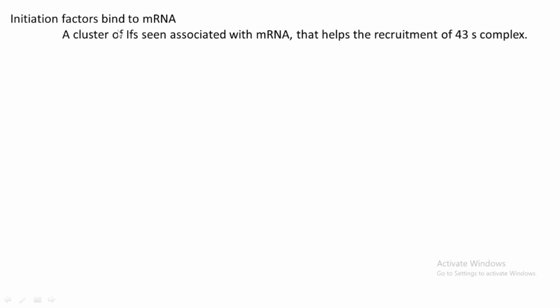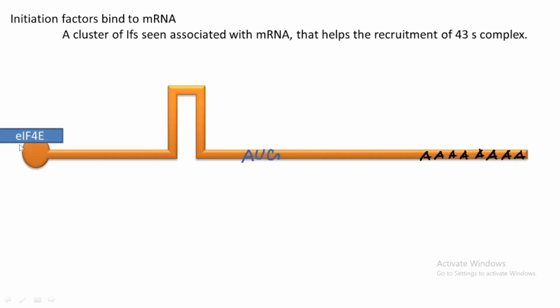That is the role of the initiation factors associated with the mRNA. One important such factor is initiation factor 4E. What is it doing? First, it comes and binds the 5' cap.